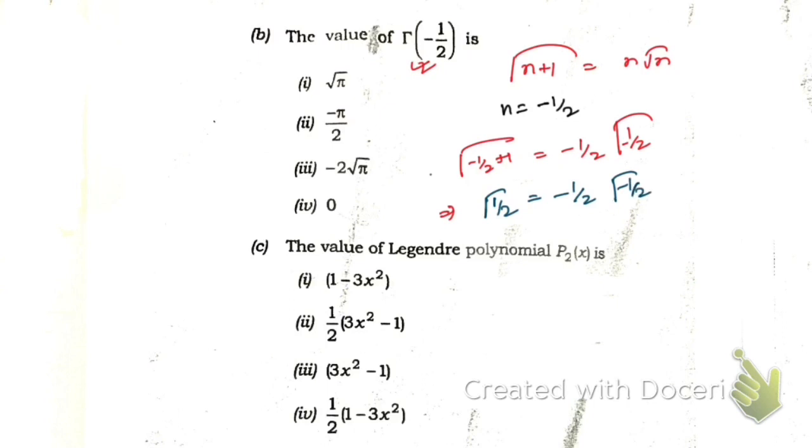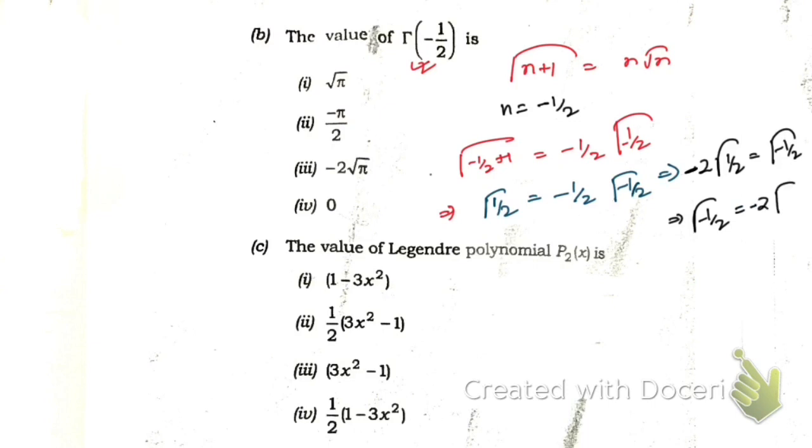Multiplying both sides by minus 2, we get minus 2 gamma of half on one side and gamma of minus half on the other. Therefore gamma of minus half will be equal to minus 2 gamma of half.